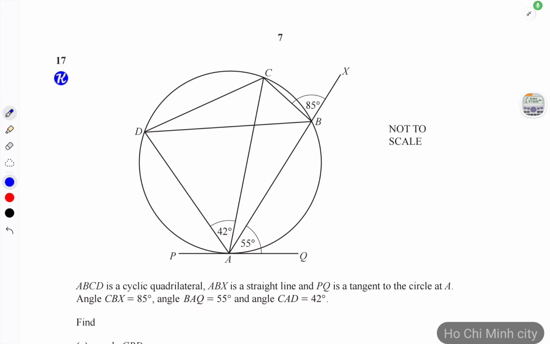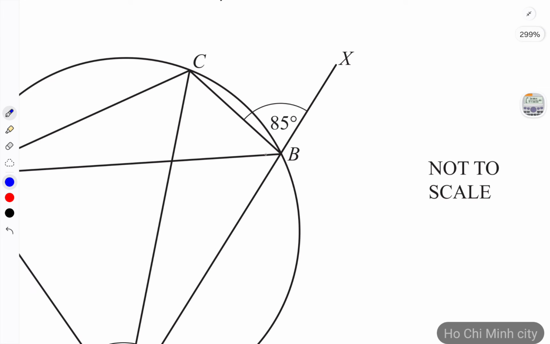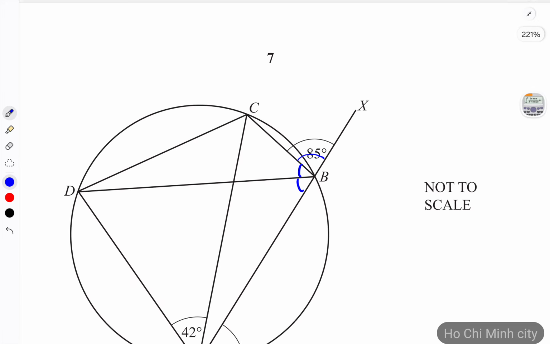Let's move on to the next question. Number 17. We have ABCD is a cyclic quadrilateral and ABX is a straight line. So ABX, straight line, it means that the sum of 3 angles is 180 degrees.